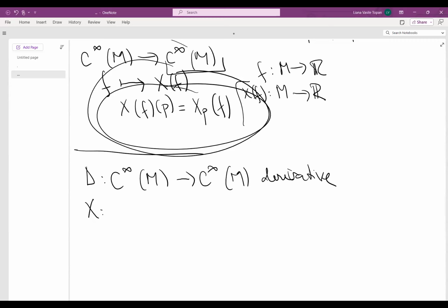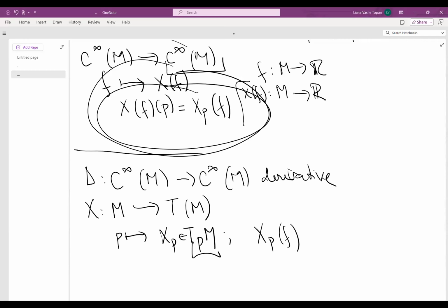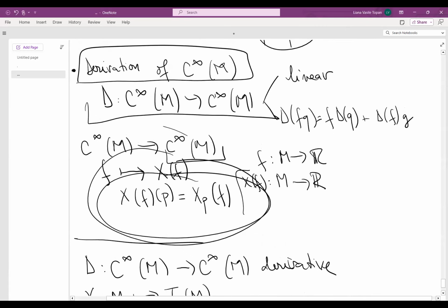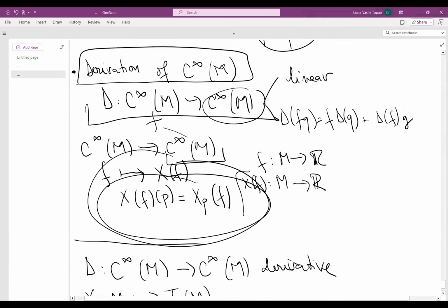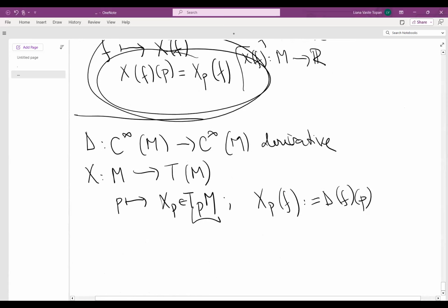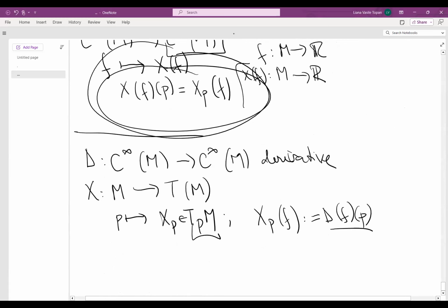So we define the following vector field from M into T of M, and then P must go into a vector which is tangent at the point P to the manifold M. So we define it like this. X_P, so being here, acts on some function f, and we define it to be Df of P. Okay, so if you look at how we define Df, f lies here, Df lies here, so it's indeed a function from M to R.